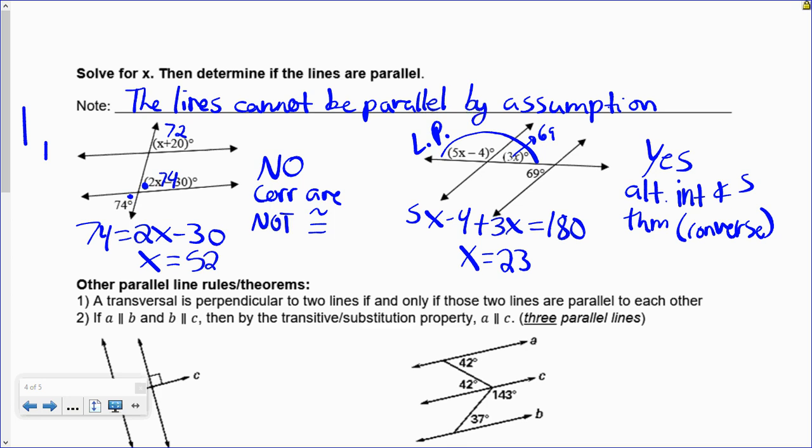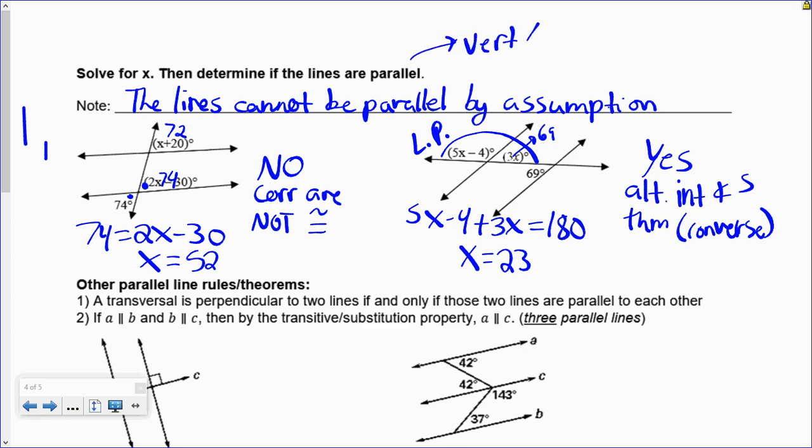I want to reiterate something one more time. If you do not have the parallel symbols or the statement in the directions allowing you to force or make the lines parallel while you're solving, you cannot use corresponding, alternate, or consecutive angles, because those only work when the lines are parallel. What are the only angle relationships you can use?